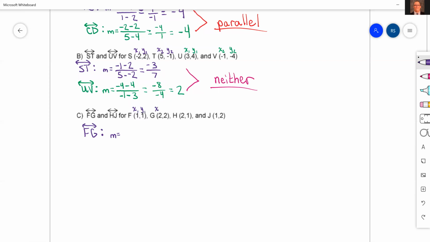It's going to be x2, y2. y2 minus y1 over x2, so 2 minus x1. 2 minus 1 is 1 over 2 minus 1 is 1. So that slope is just a 1.